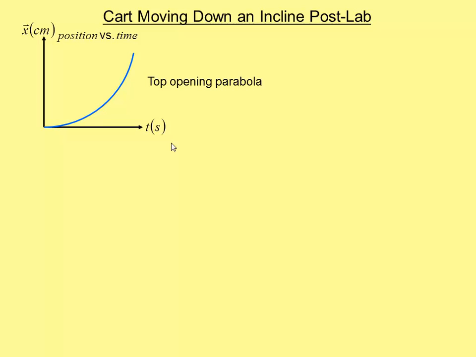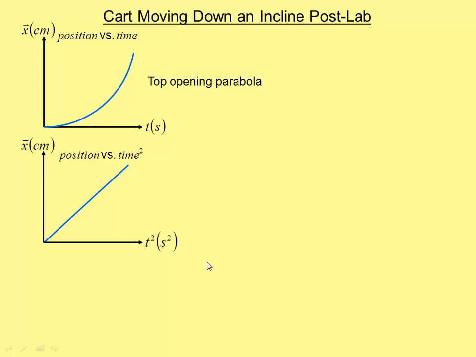So as you saw in the lab, what you needed to do was to graph position versus time squared. And when you graphed position versus time squared in seconds squared, you got a nice linear graph. And you know it's linear because of the high correlation coefficient, 0.99 something or even 0.999 something maybe. Not only is this a very linear graph, but it also contains the point 0, 0.